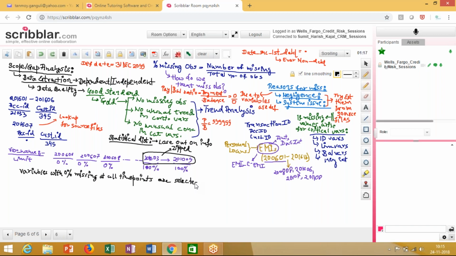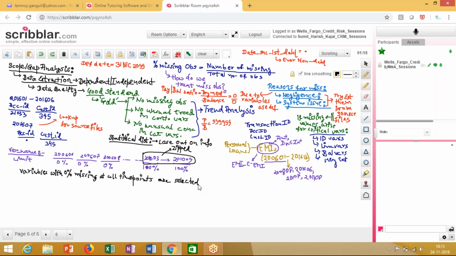They don't have proper data interfaces or proper extraction stages, and on top of that we face a lot of different problems. So we try to ensure that variables with 0% missing at all time points are selected, because if a variable has some missing observations, that's a challenge, no matter what the variable is. Therefore, we only work with variables which have 0% missing.